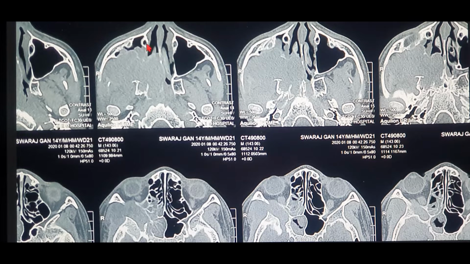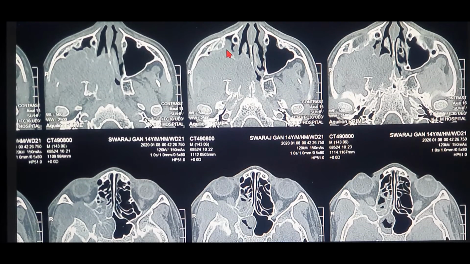You can see this is the nasolacrimal duct over here. So as you can see, even the posterior wall of the maxilla on the right side has been breached, and still the JNA is coming into the maxillary sinus through the posterior wall. So you can imagine what extension this patient is having for the JNA.